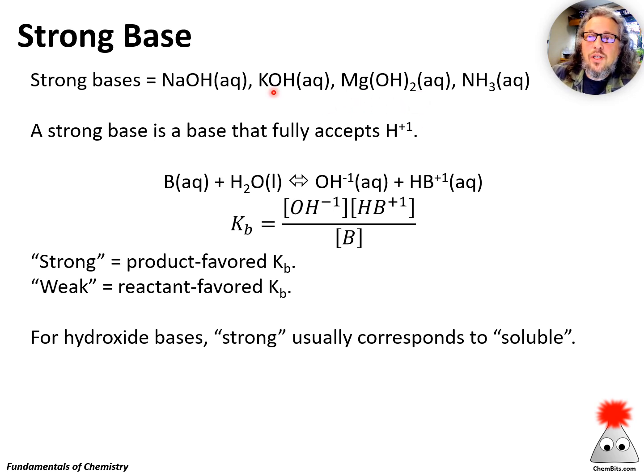So most hydroxide type bases, metal hydroxide type bases especially, are actually weak bases because they're not very soluble. So strong bases have a product favored Kb, but also keep in mind that they have to be soluble in order to get that hydroxide ion into solution.